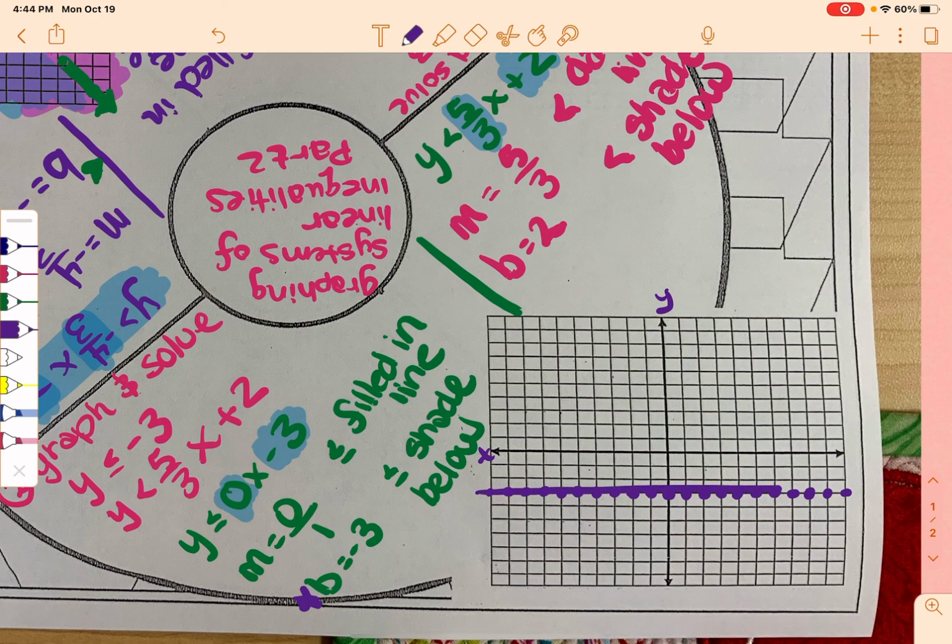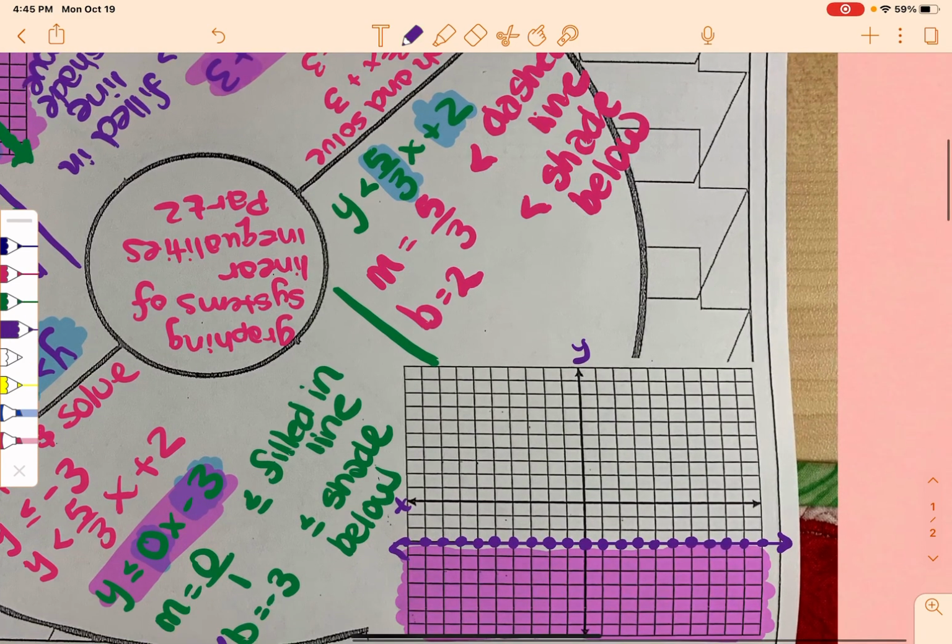Okay, now we know this is a filled in line. And I know when I go to graph this, I'm going to shade below. So that's down here. Notice I did color code my inequality so I know which one goes with this.